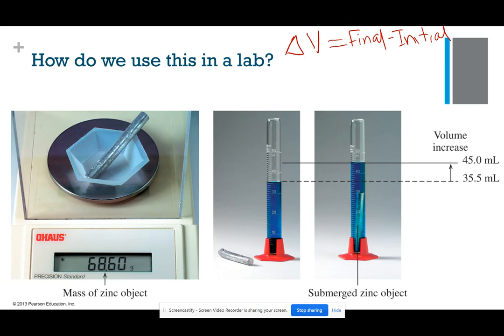The final volume is after we slipped our metal in, it went up. That's our final volume. So it's going to be 45.0 minus initial. Initial is how much water we put in there to start with. So that's going to be 35.5.